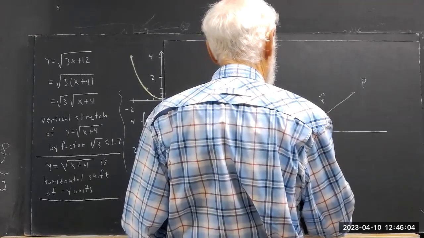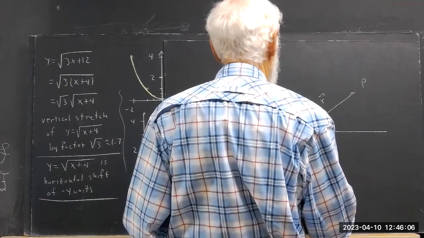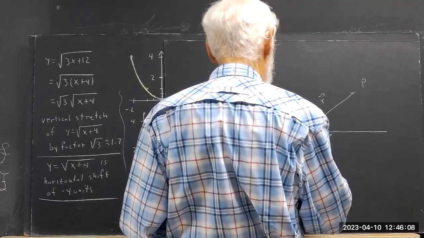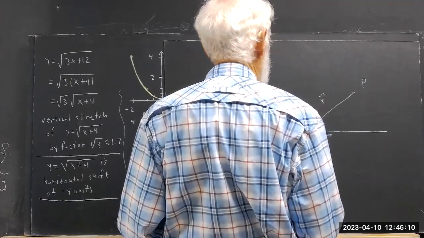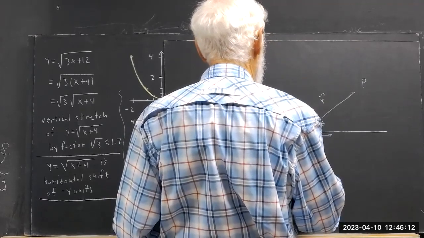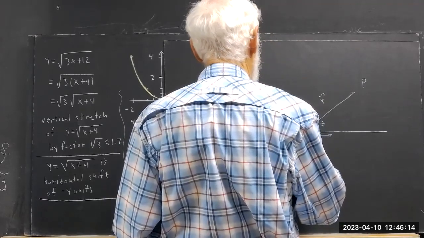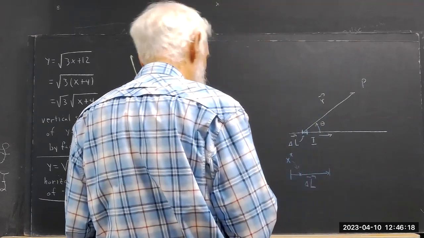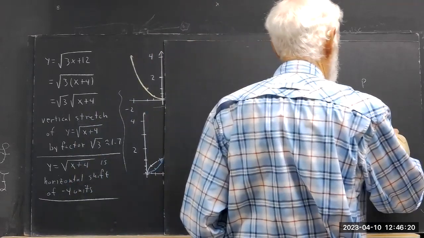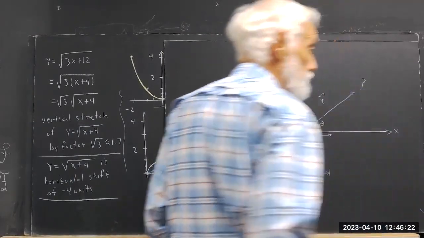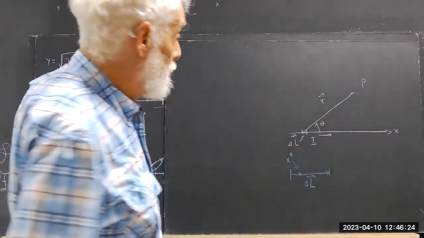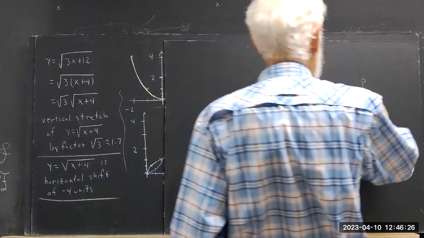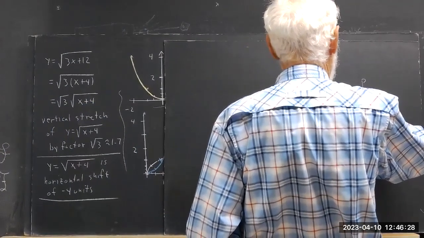Here is your L vector. Here's the snap point. Call it X bar. And this current is running along. It's going to be X. And the point P has coordinates X, Y.